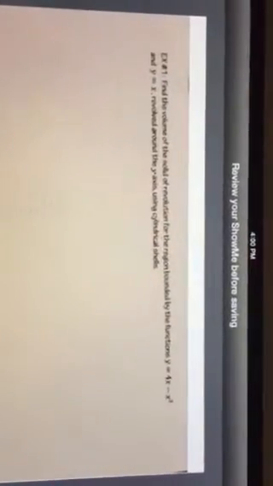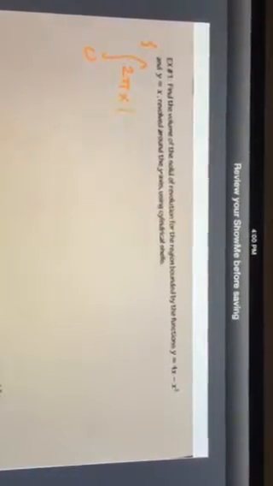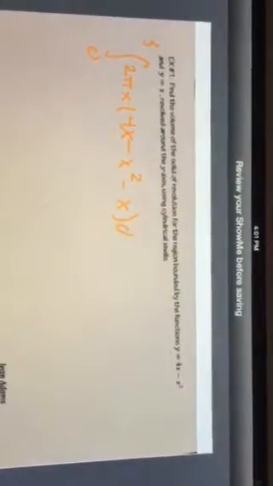So now, for example 1, they ask us to find the volume of the solid of revolution for the region bounded by the given functions revolved around the y-axis using cylindrical shells. So what we're going to do is take our function and go from 0 to 3 of 2 pi x, and then it'll be our outer function, kind of like in the washer method, minus our inner function, but we don't square them here.